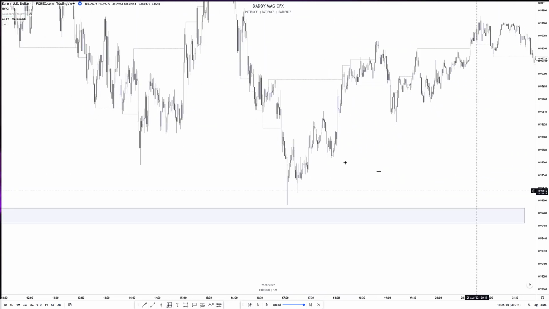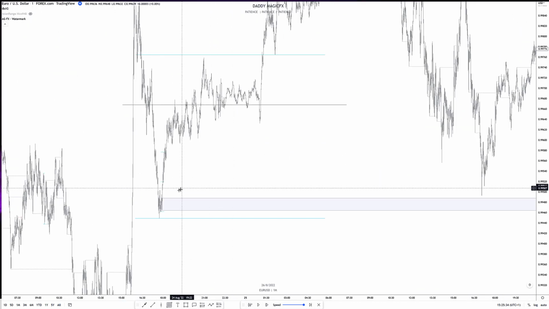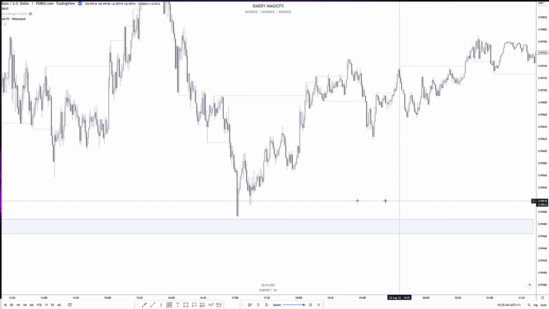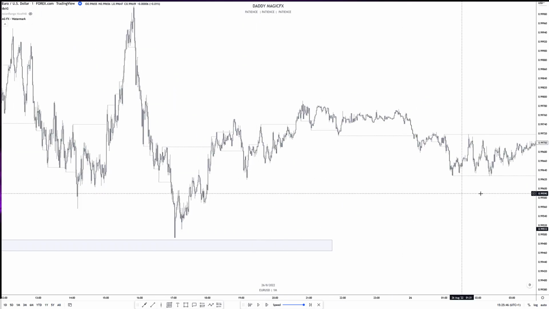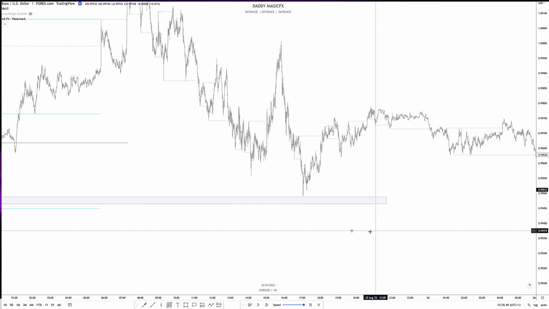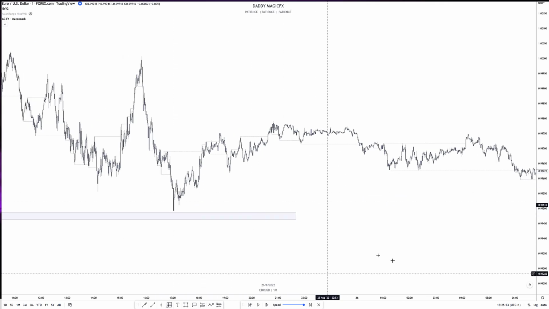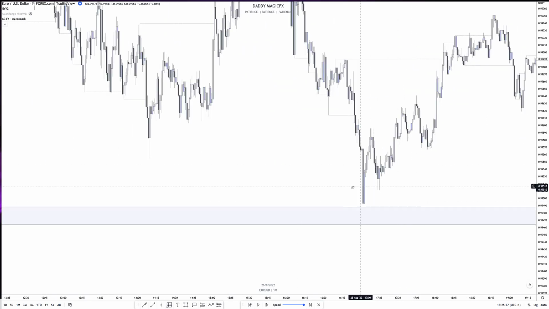And a lot of people use imbalance, and they'll see that, oh, we tapped into this imbalance, price has done its job there, and we can take a trade off that. And you might also think, oh, I was waiting for a zone down here, and it's just tapped the imbalance and it's reacted. Well, that's where patience comes in, and that's where you wait for price to do its thing, because this to me looks purely like inducement.